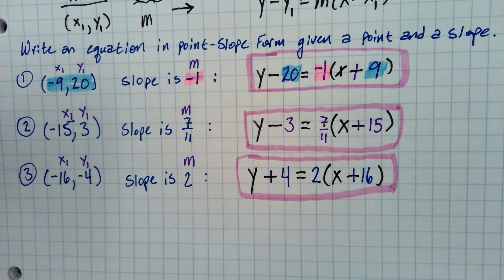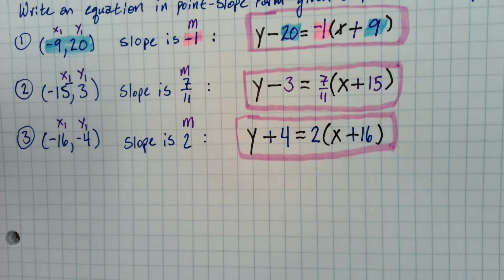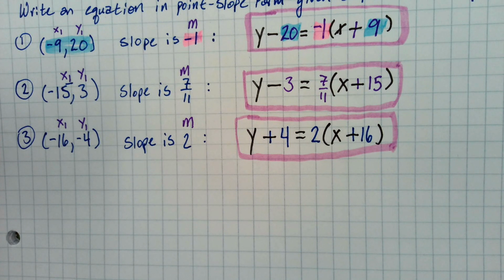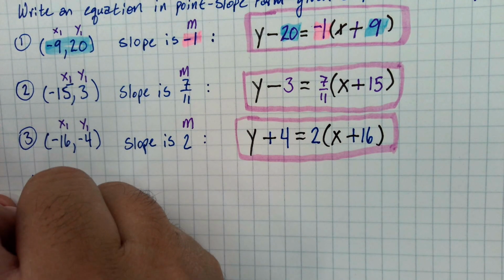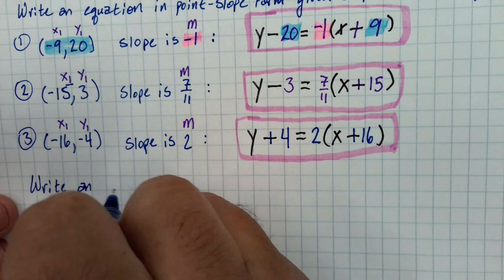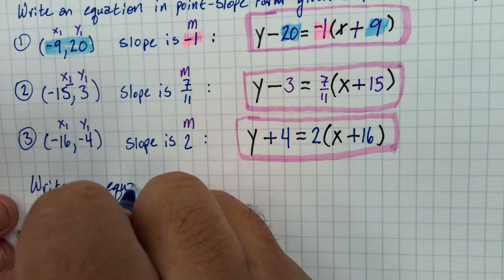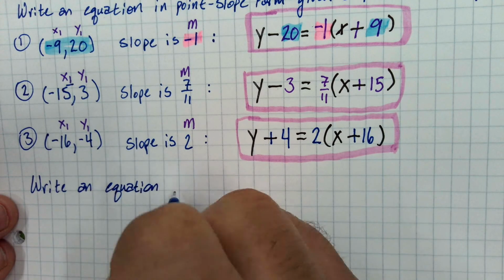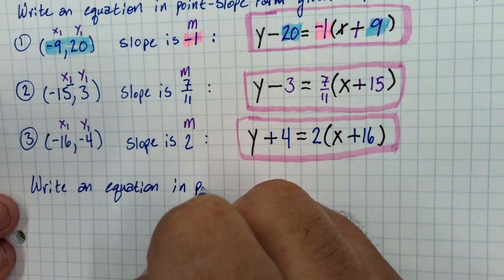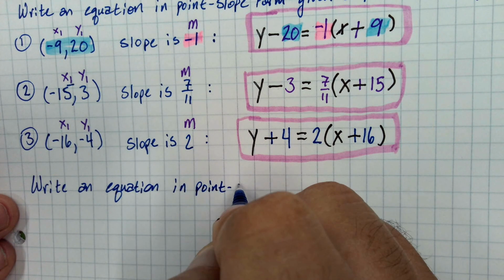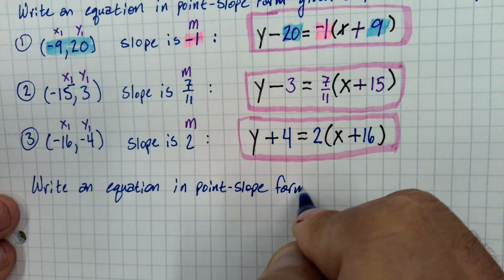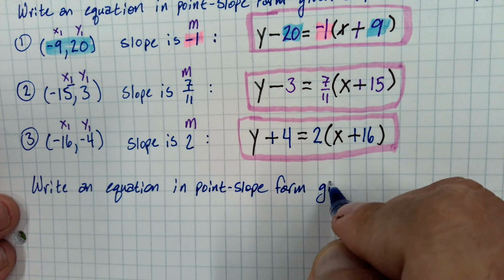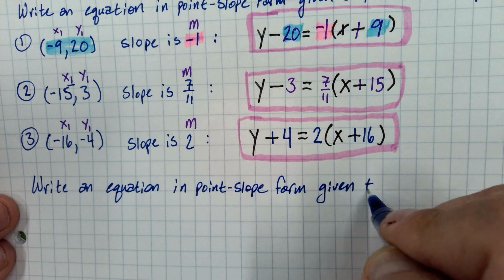All right. So the next 3 examples we're going to do are the following. Write an equation in point slope form given 2 points.